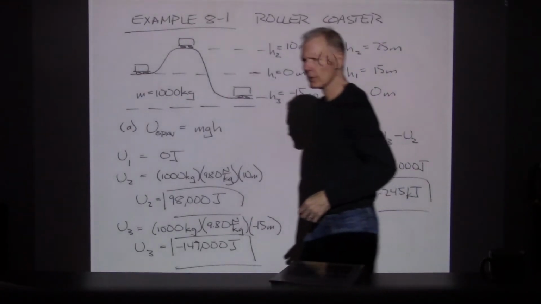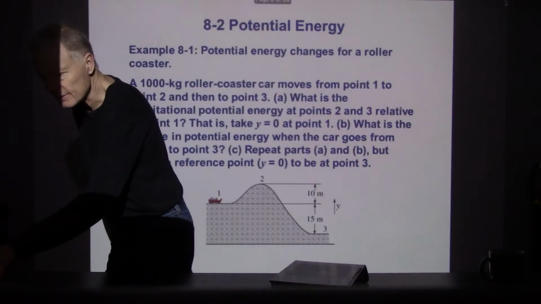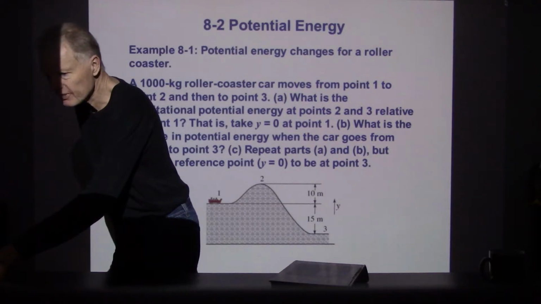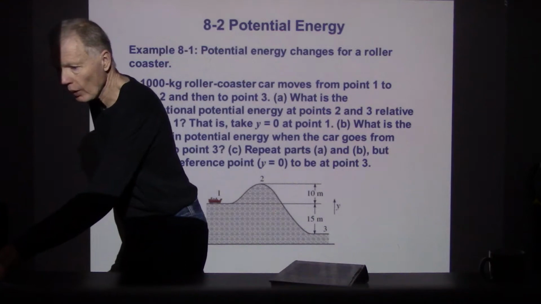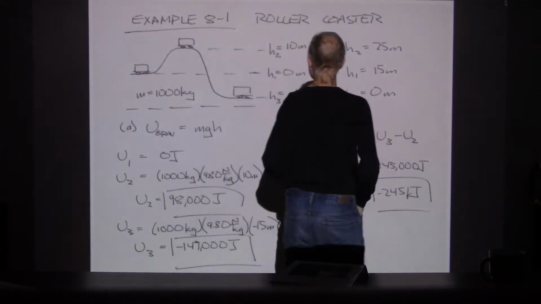Now, let me check quickly and see what is the difference in potential energy. On part B, what's the difference in potential energy when we go from point 2 to point 3?